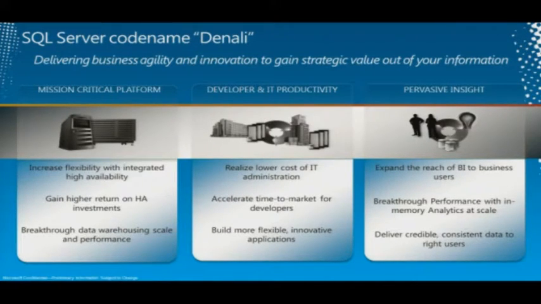Rob was here just a session before me. That's kind of his area of expertise. Flexibility with high availability. Always On is another key feature of SQL Server Denali. And data warehousing with parallel data warehouse with a lot of the columnar indexes. Apollo, we talked about that a little bit yesterday. Lots of capabilities that are being offered as part of the Mission Critical pillar for Denali.